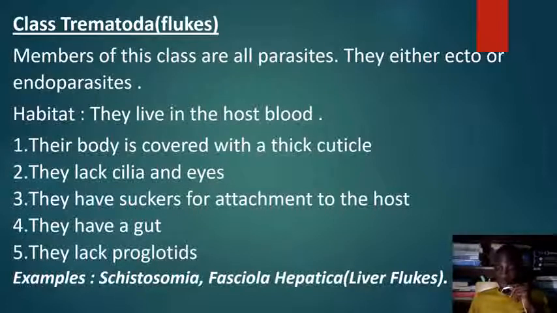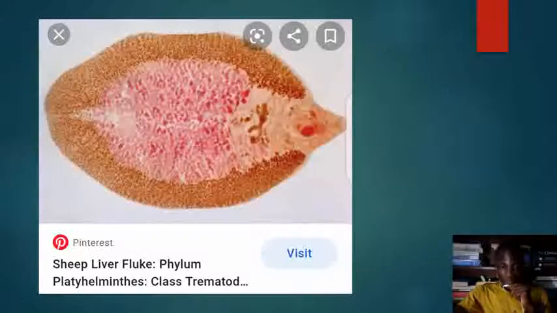In our subsequent slide, we shall be looking at what actually the proglottid is and what role it plays. In your slide here, we have a trematode, the sheep liver fluke. There is an image showing the fluke, so take critical note of this image.